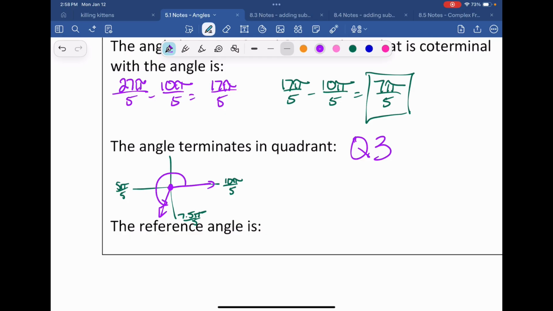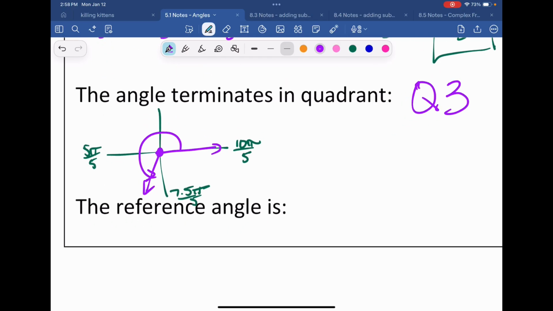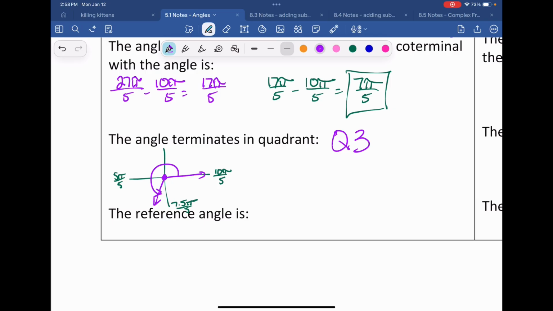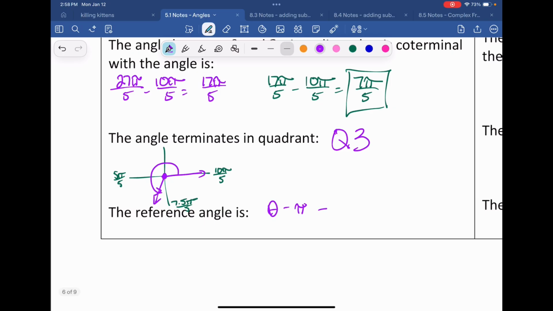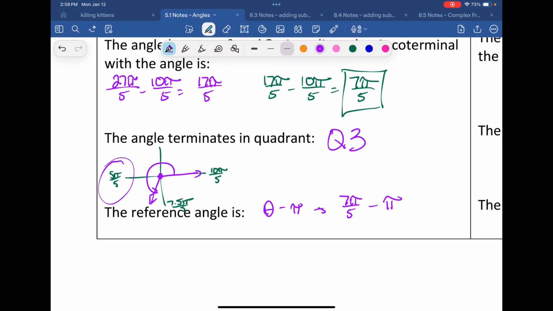Okay, well, quadrant 3, if I want to find its reference angle, that reference is your angle minus pi. So it's going to be 7 pi over 5 minus pi. Get your common denominator, so it's going to be over 5. So it's going to be 5 pi over 5, which is 2 pi over 5.